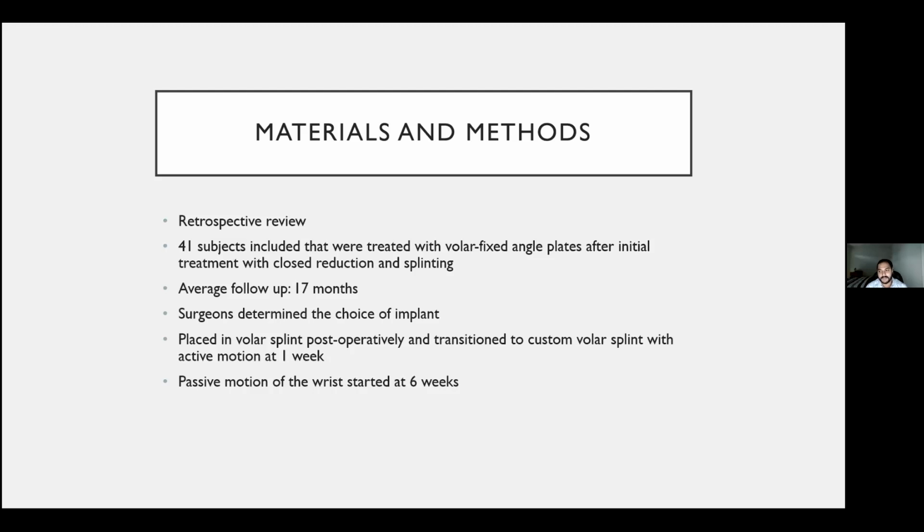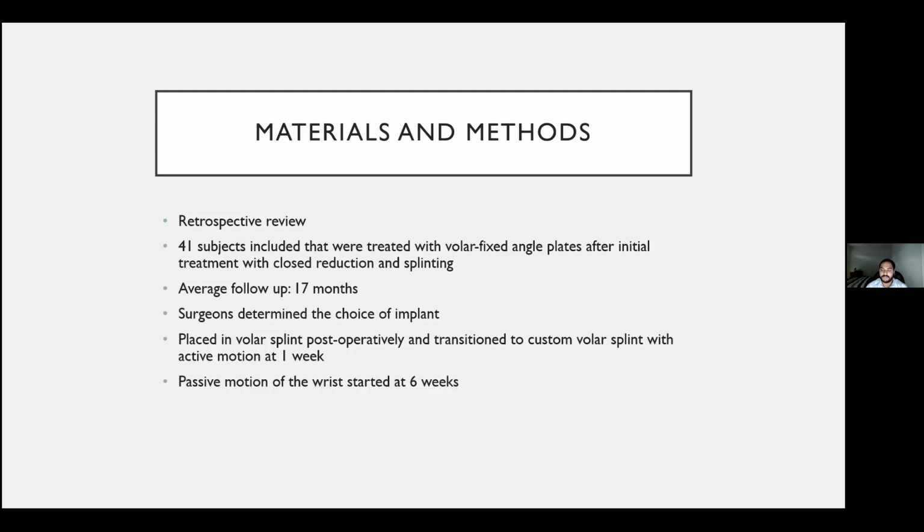And then anyone who was deemed to have an unstable fracture pattern or could not hold their reduction went on to get an ORIF. Which implants were chosen was up to the discretion of the surgeons. And of the 41 cases, almost all of them came from the company Hand Innovations, and 4 of the cases were done with Synthes plates.